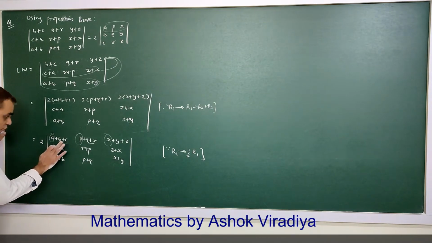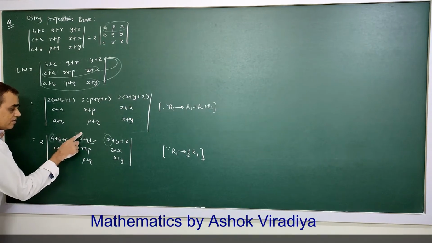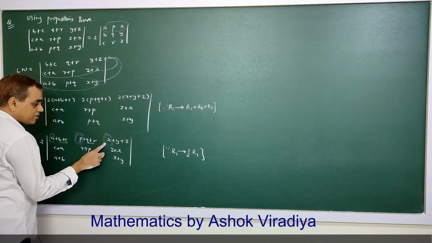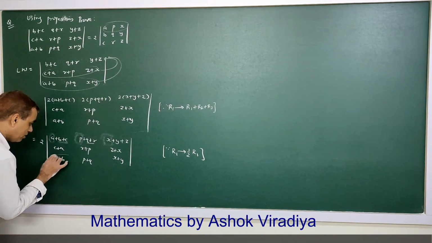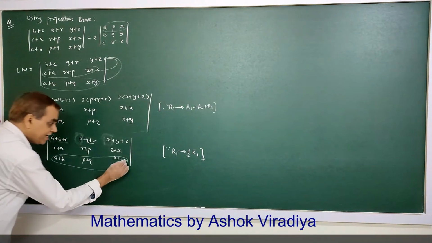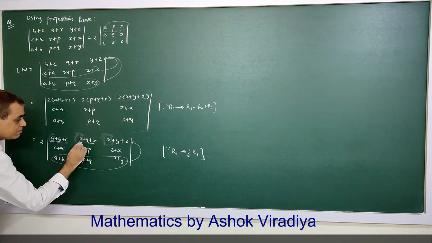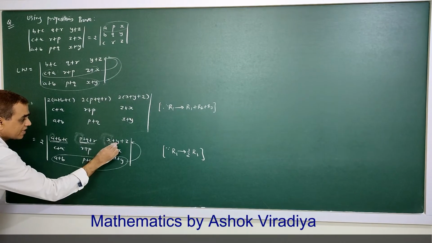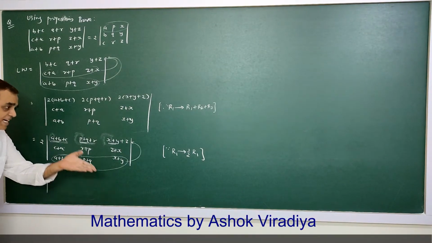Instead of that, what we do here, see, in the first row we are subtracting the second or third, any one. Suppose I am subtracting the third row in the first row, then this part A plus B, P plus Q, X plus Y will be eliminated. So the third row is subtracted in the first row.